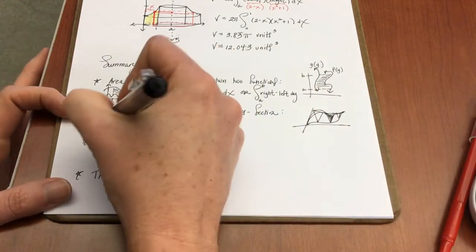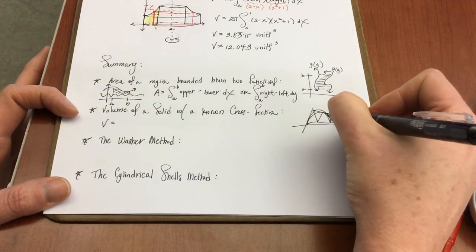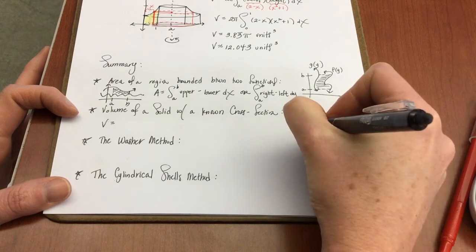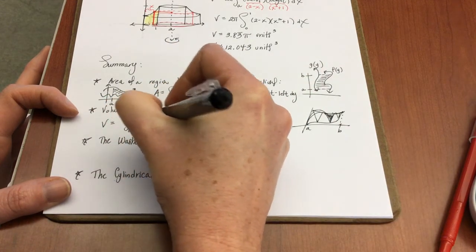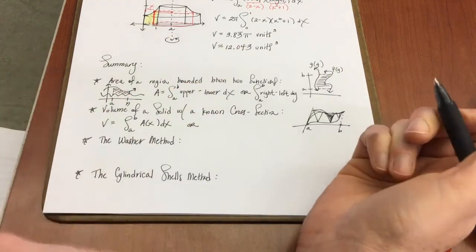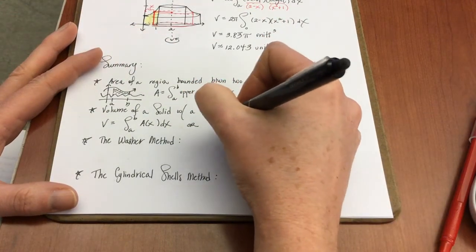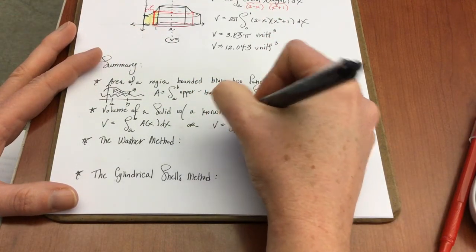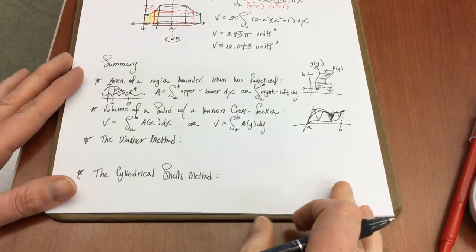So you would say volume equals the integral from a to b of the appropriate area function with respect to x. Or remember, sometimes you could have cross-sections that are perpendicular to the y-axis, and that would be very similar, just you'd get everything in terms of y. So there you go.